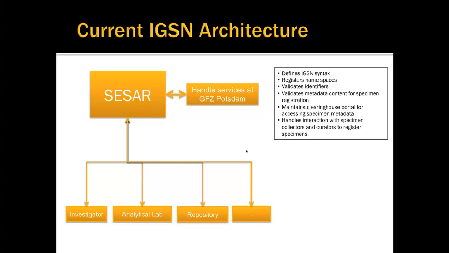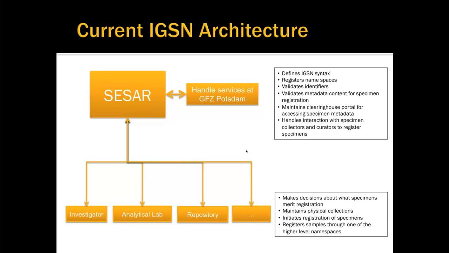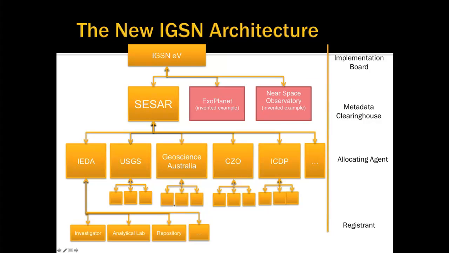But this needs to change just to make the entire system of the IGSN more scalable and flexible to accommodate all kinds of requirements, be it for different disciplines, for different agencies, for different organizational structures. So about a year ago, we had a workshop at the San Diego Supercomputing Center. Steve was there.